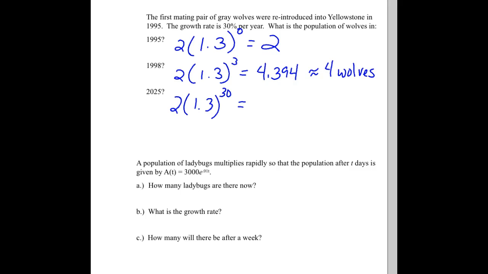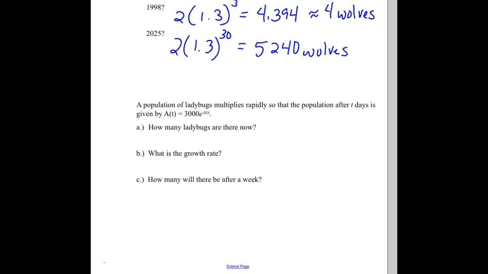So 5239.99, so about 5,240. Okay. So in terms of how many decimal places to go out to, make it fit the context of the question. When we're dealing with money, we do 2 decimals. Okay. Dealing with things that can't be halves, rounded to whole numbers.